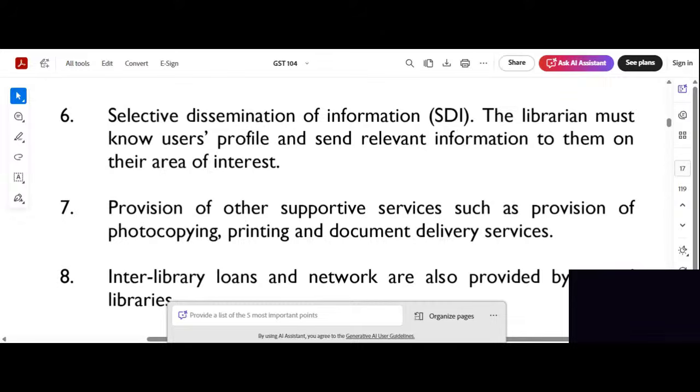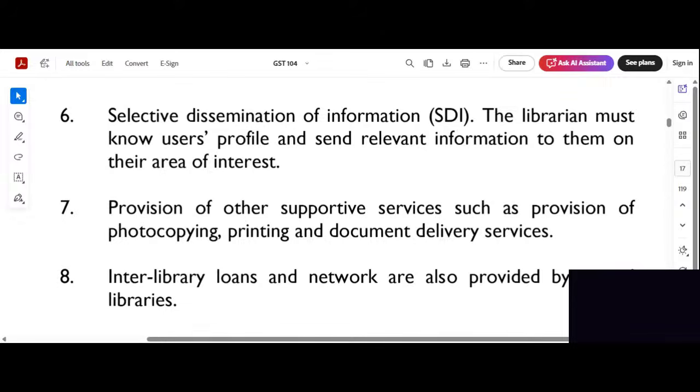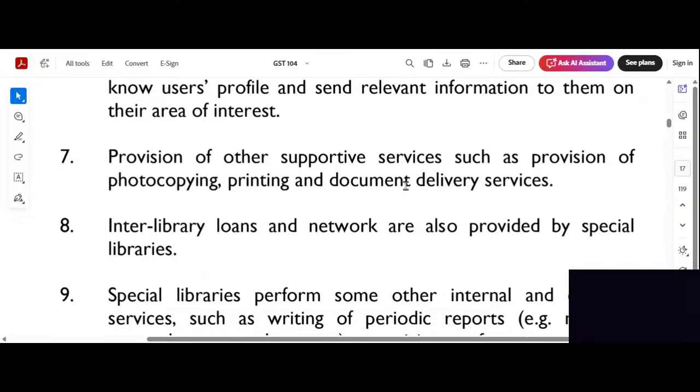Since they are mainly used for research, somebody will not be surprised, because when you are making some research, sometimes you need to print out some documents, you need to make some prototypes and the rest of them. They also offer those services. So you don't need to leave the library to go and do those things outside.